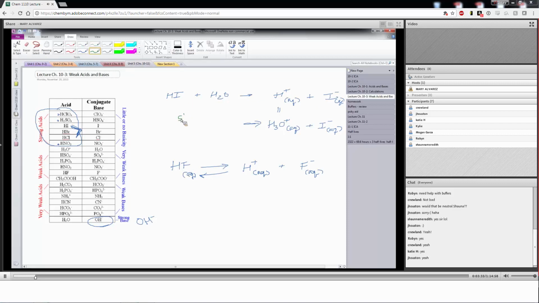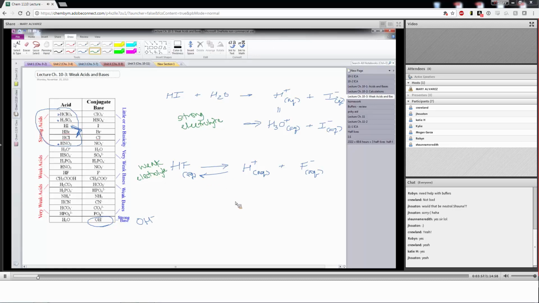This would be a strong electrolyte because you have many more ions in solution, and this could be a weak electrolyte because we have fewer ions in solution. Just a reminder, electrolyte means you have ions in solution.